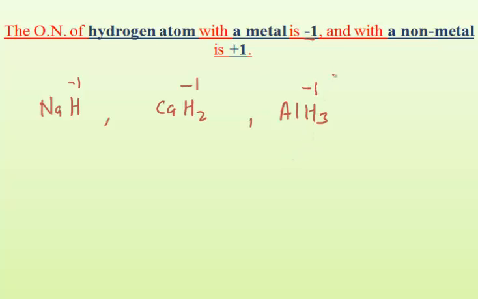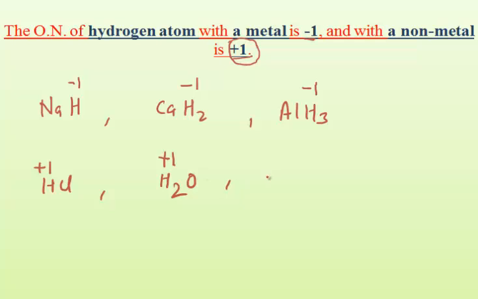Well, if a hydrogen atom is combined with a non-metal, it shows a +1 oxidation number. For example, hydrogen chloride. The Cl atom is a non-metal, that is why hydrogen shows a +1 oxidation number. In a water molecule, oxygen is a non-metal to which the hydrogen atom is combined, so hydrogen shows a +1 oxidation number.